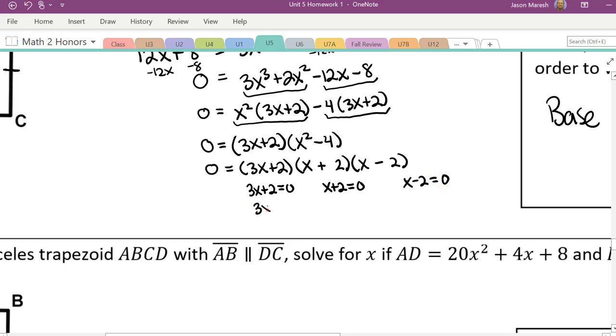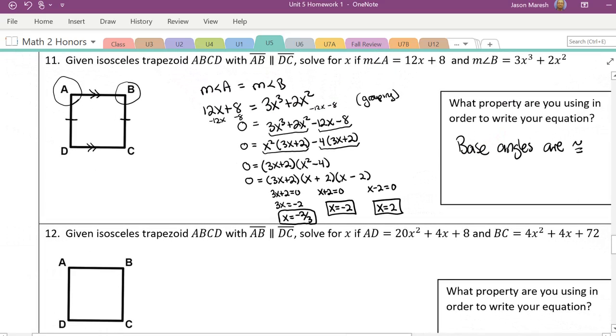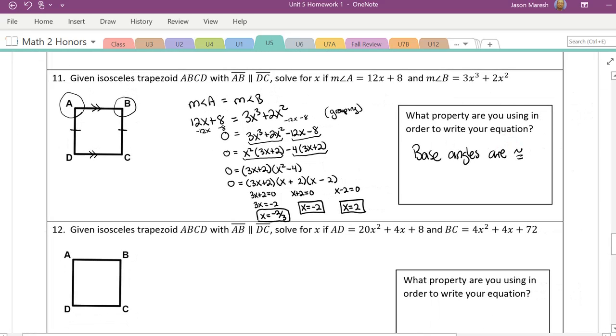So the first equation is going to give me x equals negative 2 divided by 3. Second equation gives me x is equal to negative 2. Third equation, x equals positive 2. So those are the three answers for x that apply to this problem.